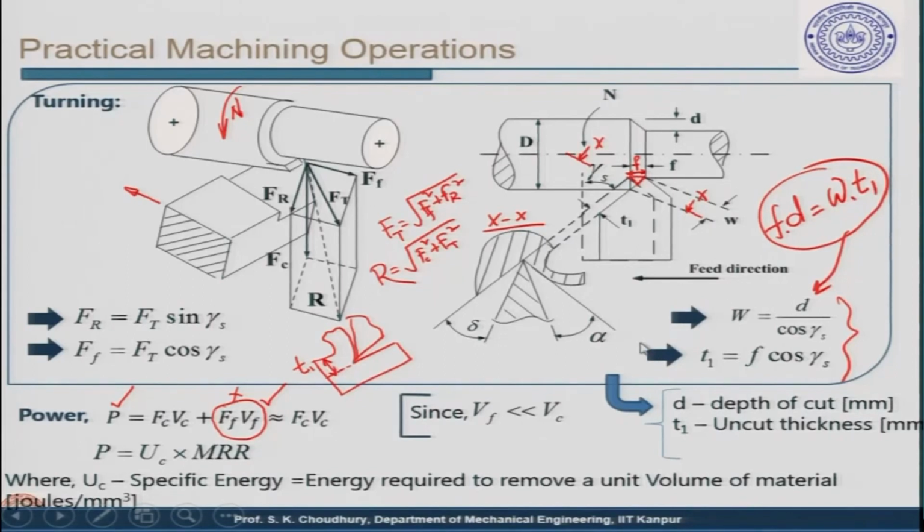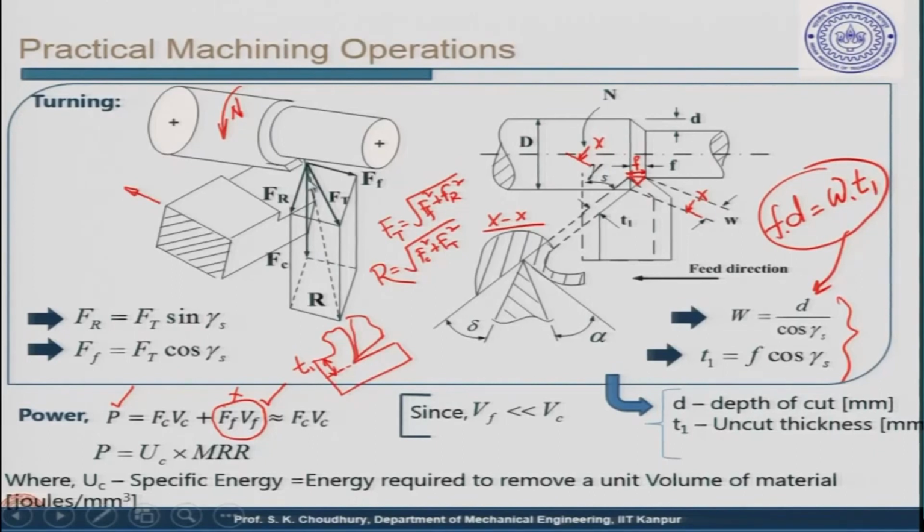This has been said. In the force relationships, Ft is the thrust force. The thrust force remains on the horizontal plane, and this is the vector summing of Ff and Fr. Fc is the cutting force, directed vertically.